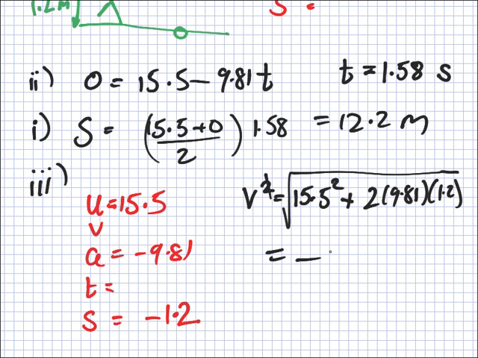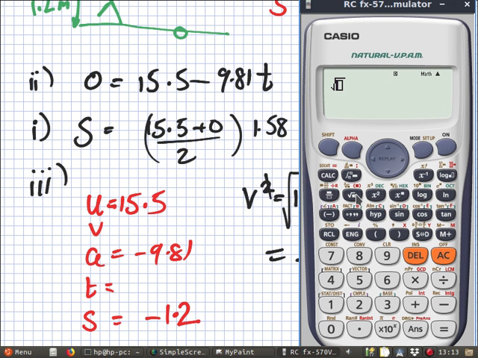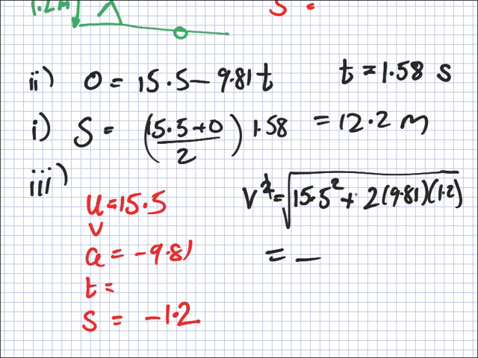And we have to take the minus answer. 16.2. I think somebody said 16.2 down. That's fine as well. You don't have to write the minus.